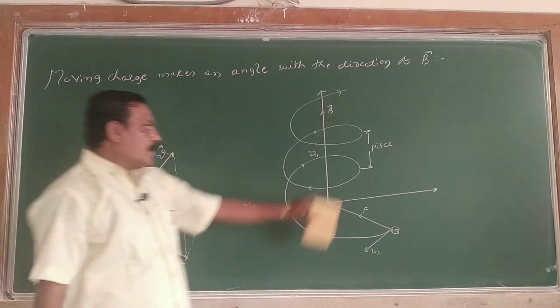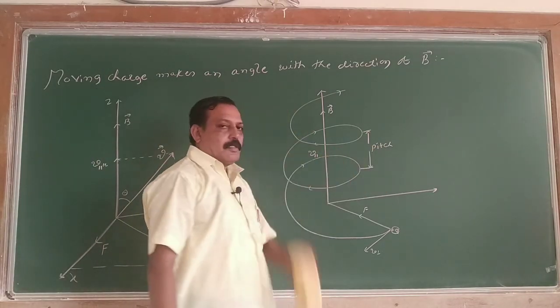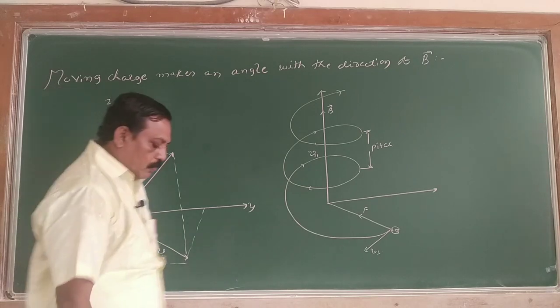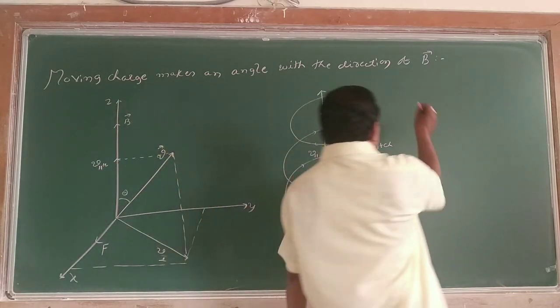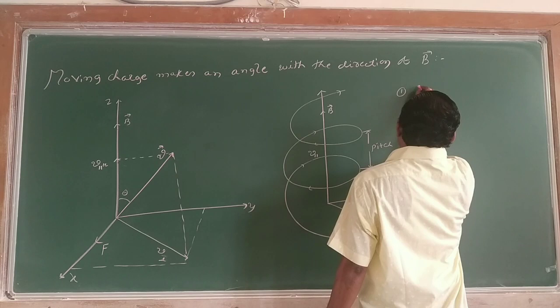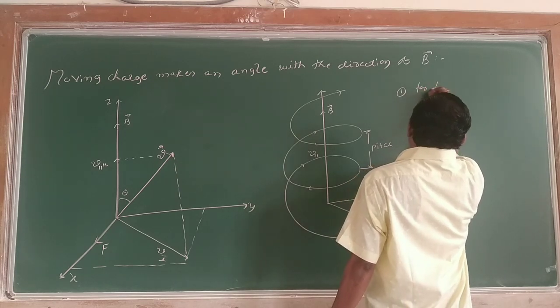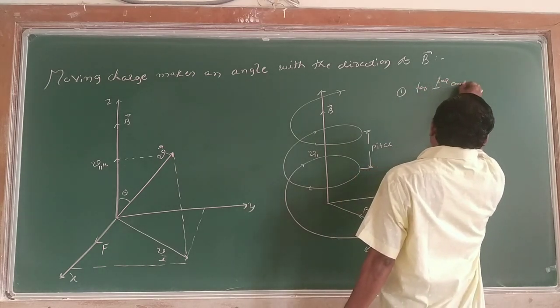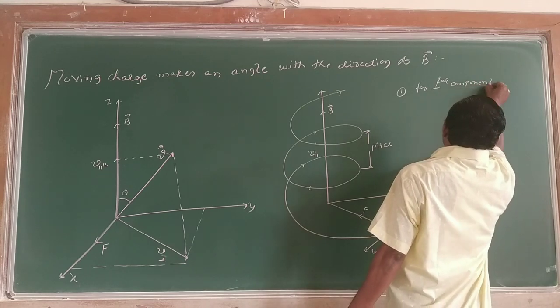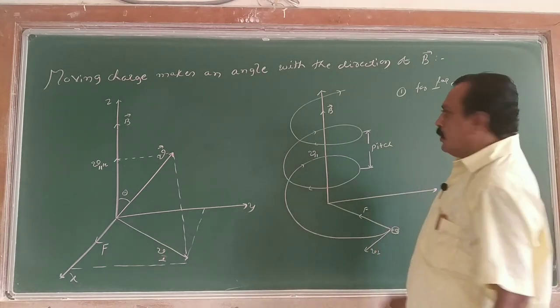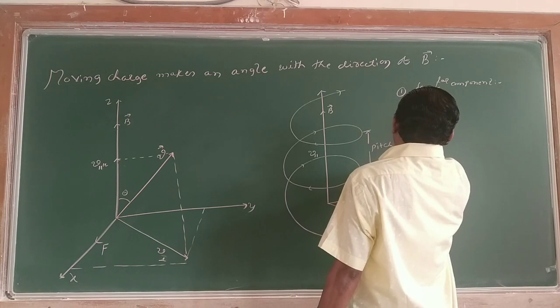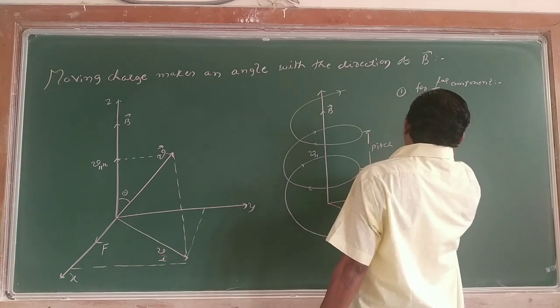Which component is responsible for that? The parallel component. So I go for two terms. One is for the perpendicular component. For the perpendicular component, the radius r equals mv by qB.